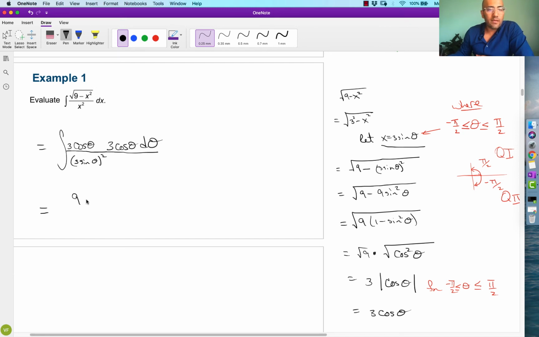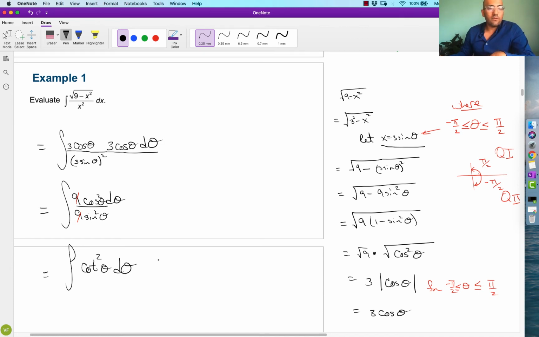I end up with 9 cosine squared theta d theta divided by 9 sine squared theta. So the 9s cancel, and I end up with the integral of cosine squared over sine squared, that's cotangent squared theta d theta, which is what I want to integrate.